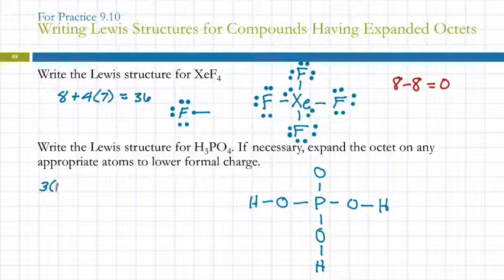3 hydrogens, each with 1 valence electron. We have 1 phosphorus that has, how many? What group is it in? 5. The phosphorus has 5. We have 4 oxygens. How many valence electrons does an oxygen have? 6.